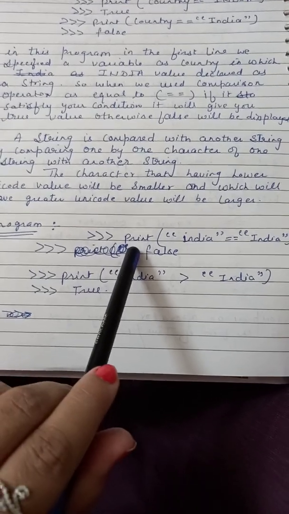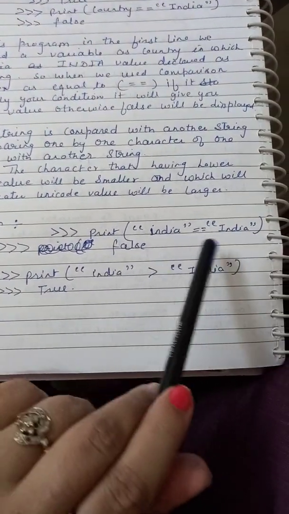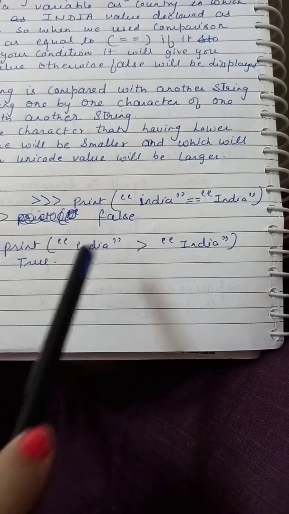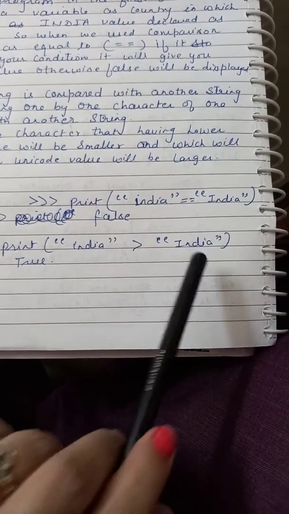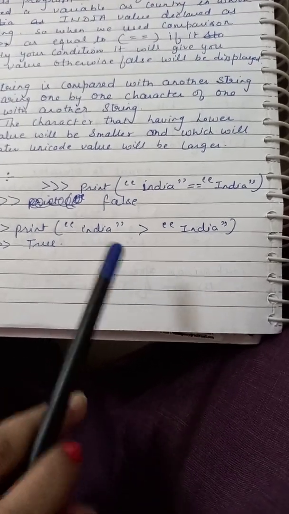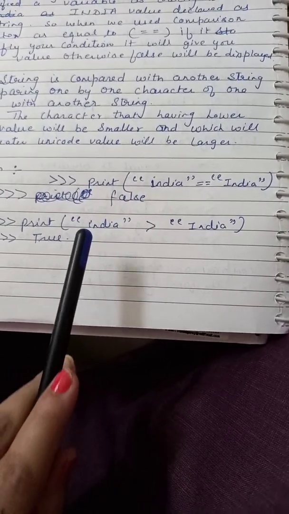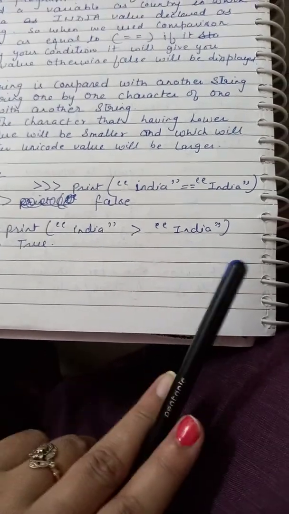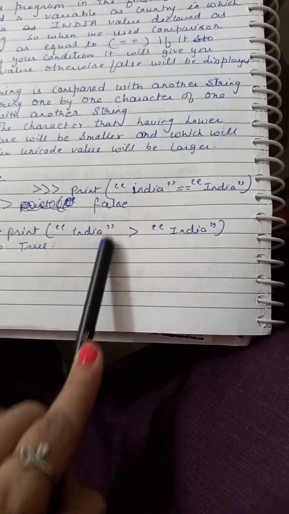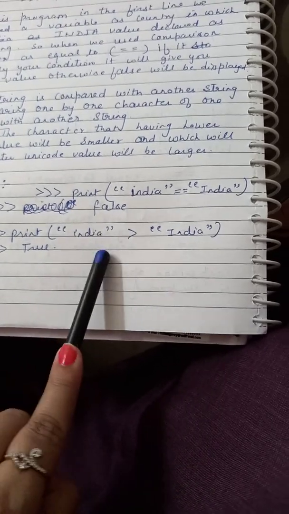On the other side, we can check print "India" equals to "india". It will give you the result as false. But if you write "india" is greater than "India", it will give you true. Why? Because the ordinal of the small case letter will always be greater than the uppercase letter. That's why your small case "india" will be greater than the uppercase "India".